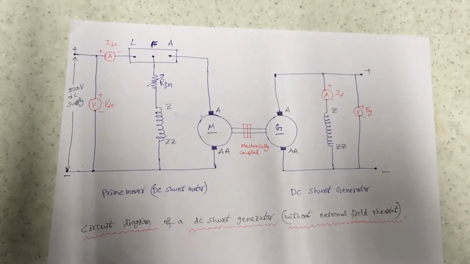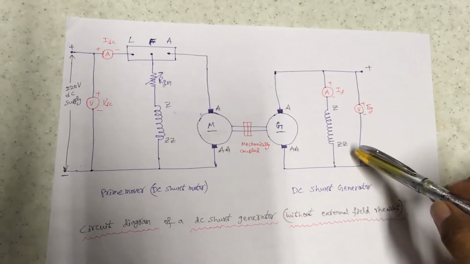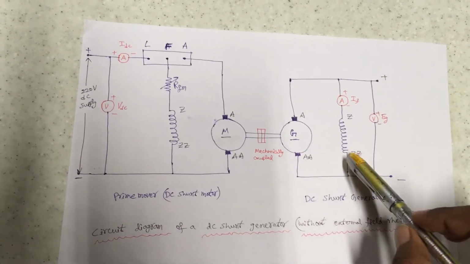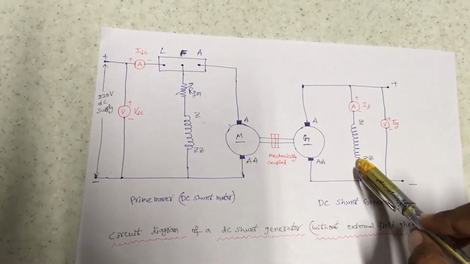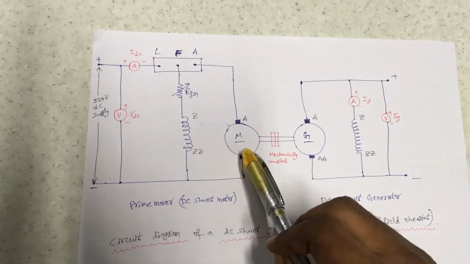Now we are going to connect this circuit. In this circuit, in DC shunt generator part, field winding and armature winding both are connected in parallel. First we will run the prime mover with rated speed.